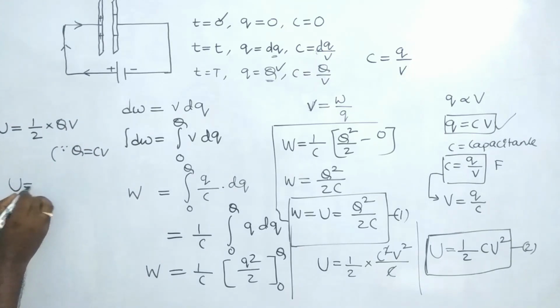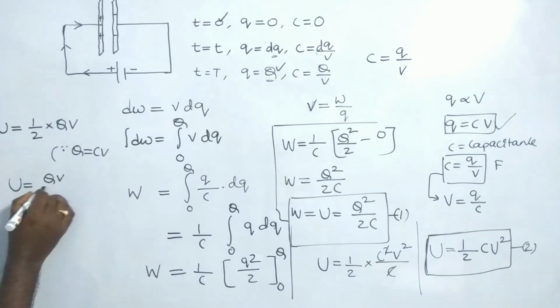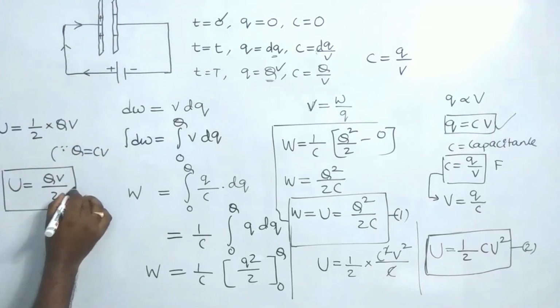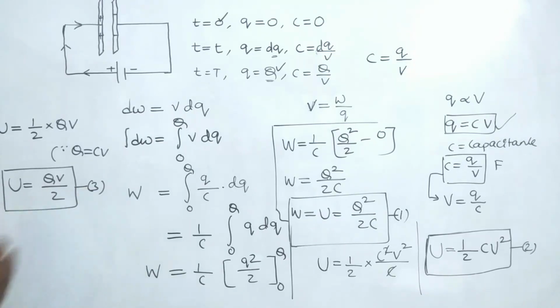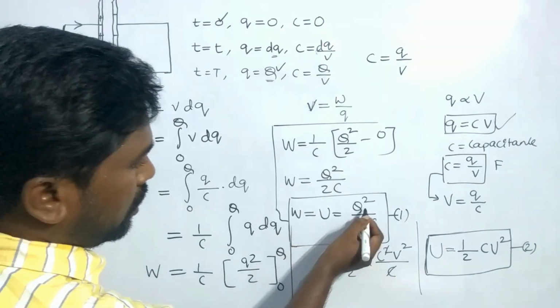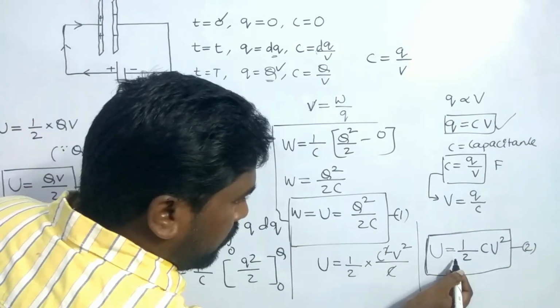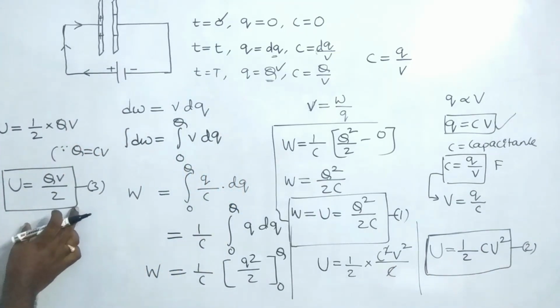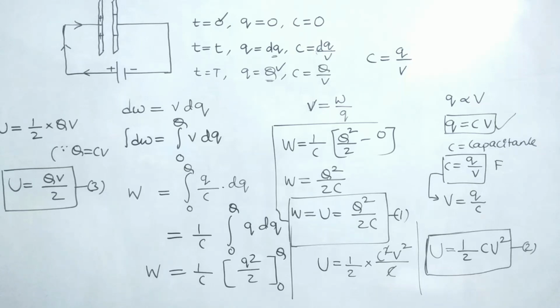Therefore U is equal to QV by 2. So this is also another form of energy stored in a capacitor. Here there are three equations. First one is Q square by 2C, another is 1 by 2 CV square, and the third is QV by 2. These three are the equations of energy stored in a capacitor.